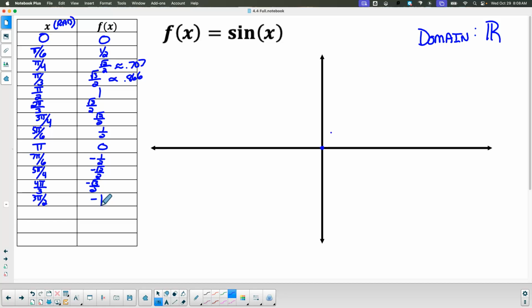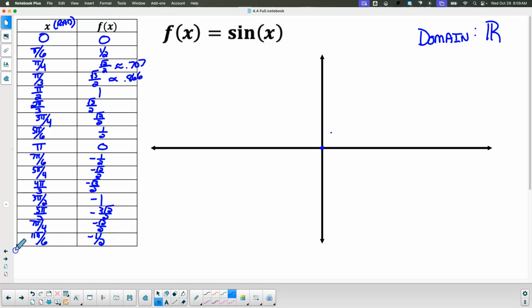What's next? 5 pi over 3. 7 pi over 4. 11 pi over 6.